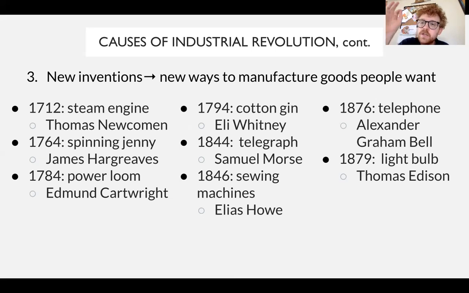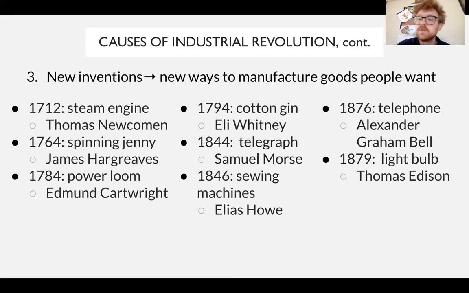But we're also seeing changes in the factory, not only with the textiles, but in the actual workplace environment. And we're going to see that with the invention of the light bulb. The light bulb is going to change how production is done, because it means you can be open for longer periods of time. No longer is it sunrise to sunset.